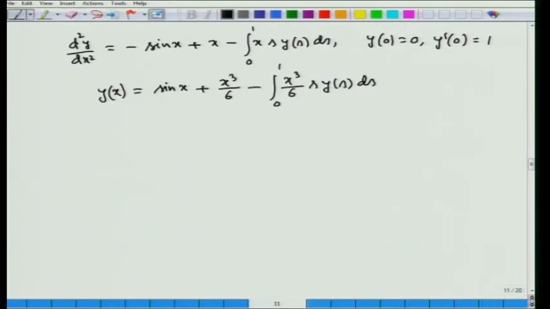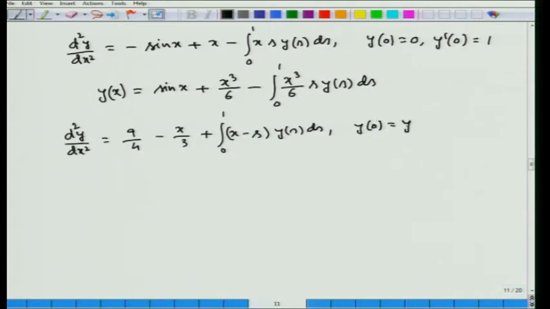And similarly, the second problem that we have solved for this kind of equation, that is d²y/dx² is equal to 9/4 minus x/3 plus integral 0 to 1 (x minus s) y(s) ds with y(0) equal to y dot(0) equal to 0.